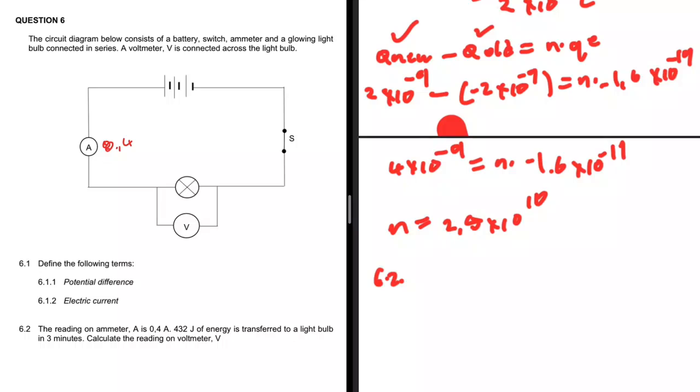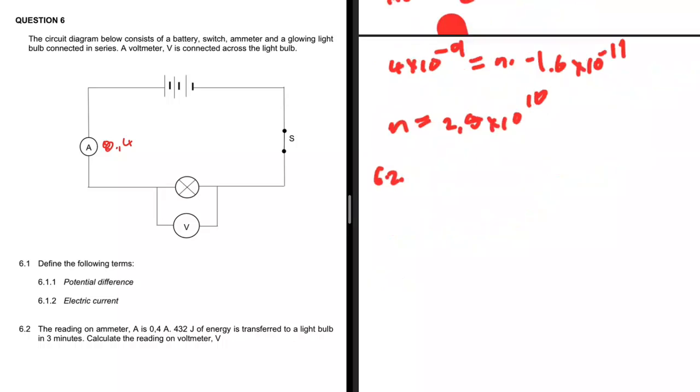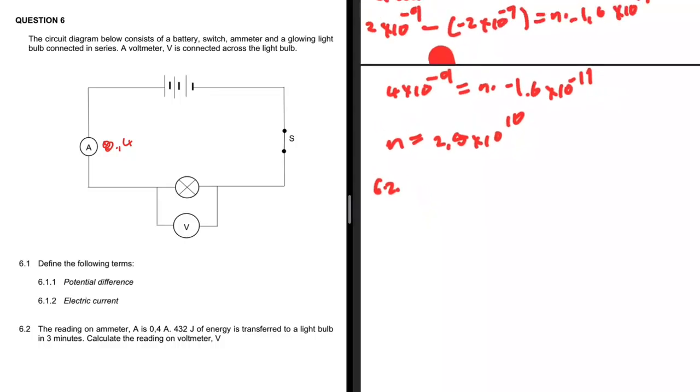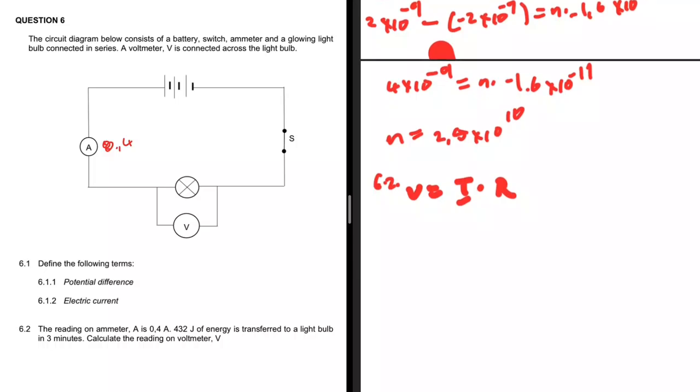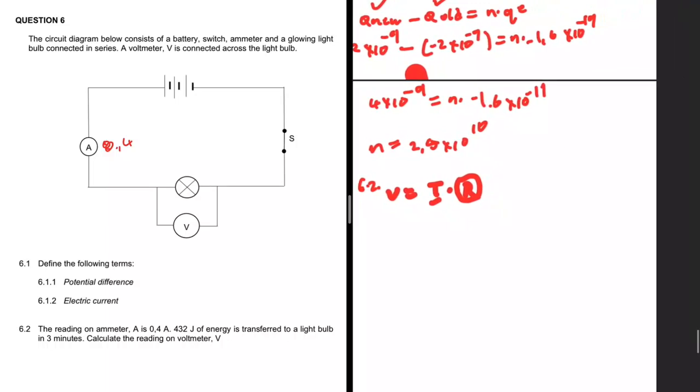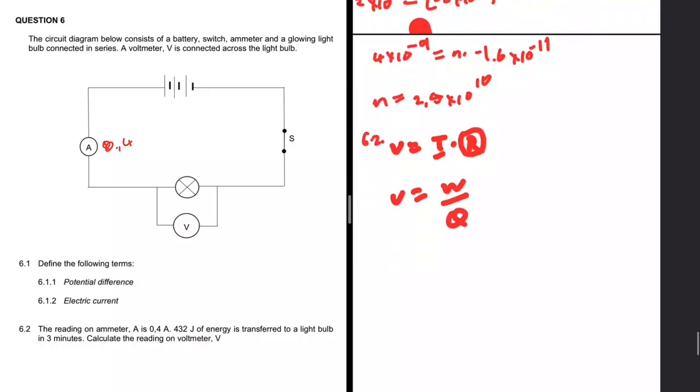Calculate the reading on V. Usually we would just say V equals I multiplied by R. But in this case, we don't have the resistance, so we can't use that. Another option that we have is V equals the work done per unit charge. So can we calculate Q? Do we have the work done? Yes, we're given 432 joules.